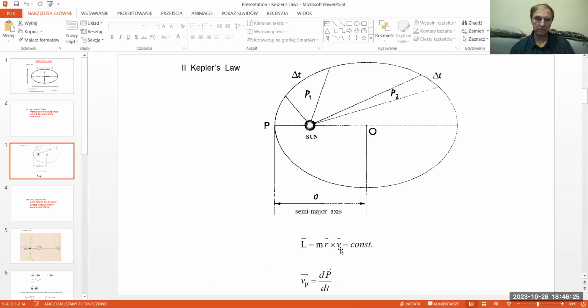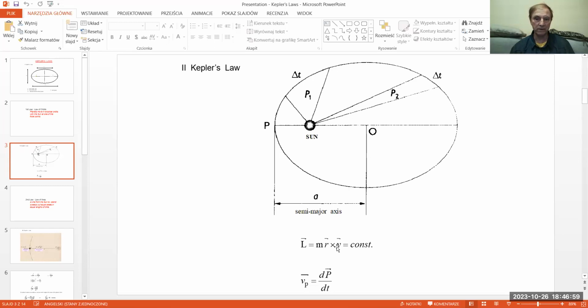And it turns out that the orbital angular momentum is constant. This multiplication sign is not x, it is a multiplication sign: a vectorial multiplication of the radius and the velocity.